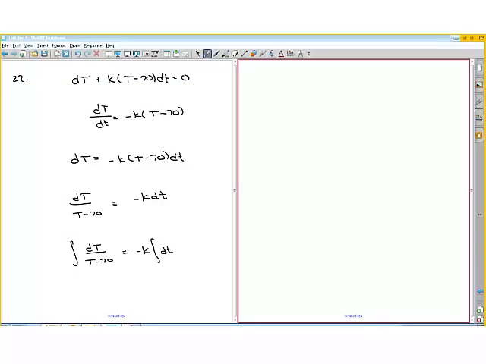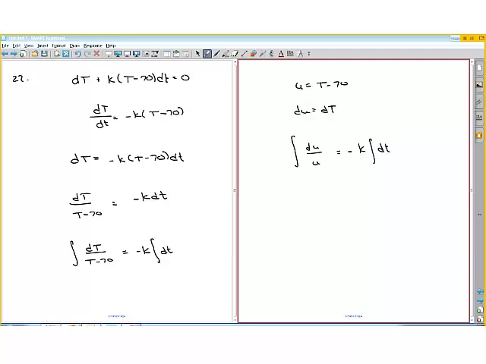The left-hand side, we're going to let u equal T minus 70. So du is equal to dT. If I make that substitution, dT becomes du, and T minus 70 becomes u. On the right-hand side, we have negative k integral of dt.